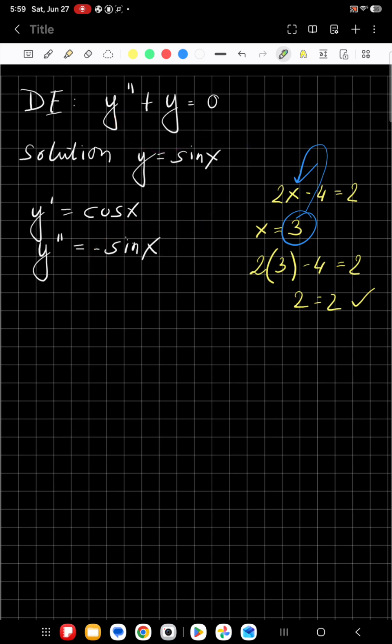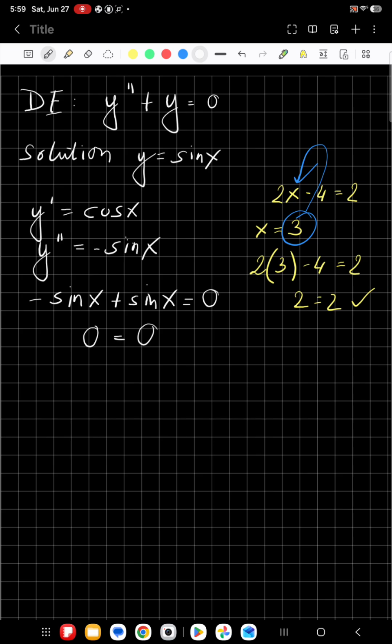So I'll be plugging that negative sine x in here and plugging that sine x over here. All right, so I have negative sine x plus y, which is sine x, and that's supposed to be 0, and it is.